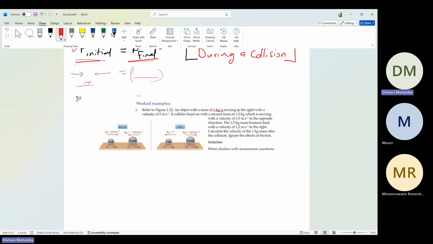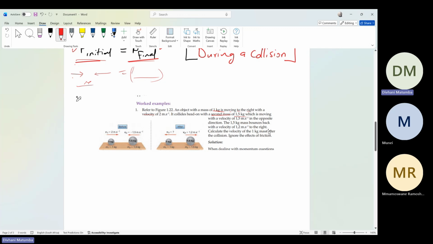It collides head-on with a second mass of 1.5 kg, which is moving with a velocity of 1.5 meters per second in the opposite direction. Momentum is a vector. Therefore, you have to take into account the direction of your moving object.